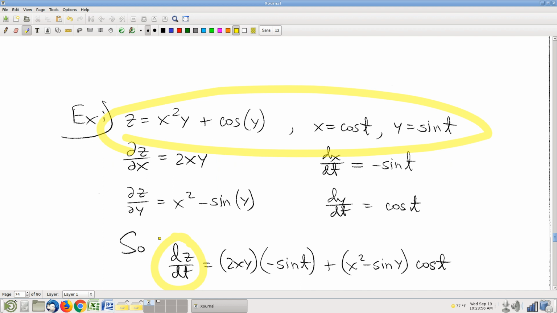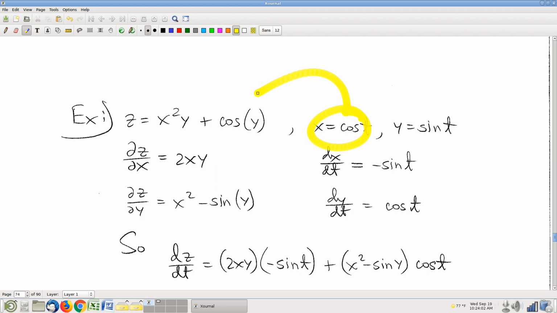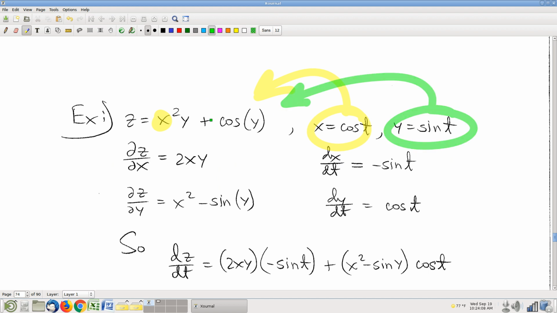So if you were to just take these functions and explicitly put that into there and explicitly put this into there and get z as this great big huge function of t, and then take single variable calculus derivatives using the single variable chain rule, well, you've bypassed the purpose of the question.